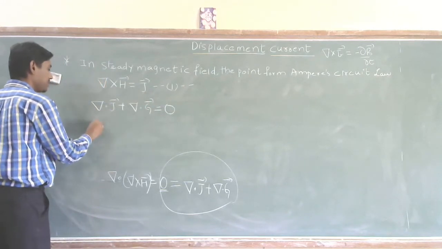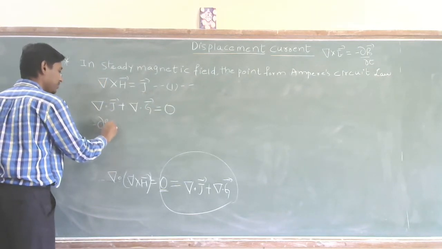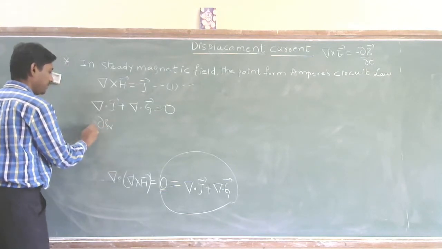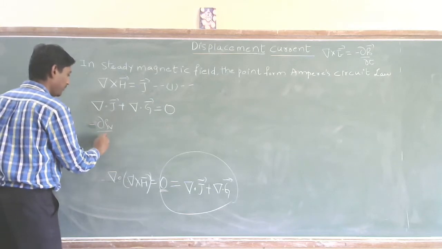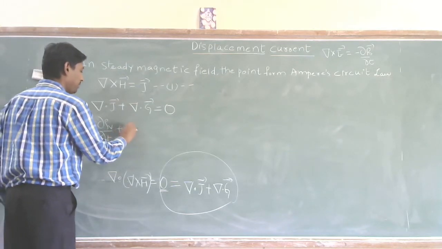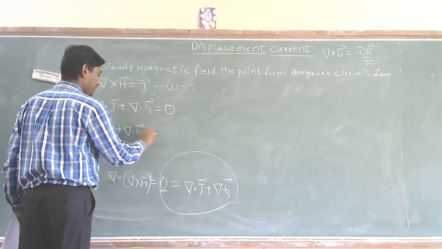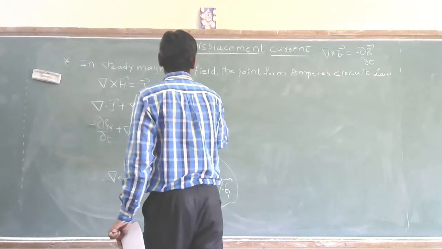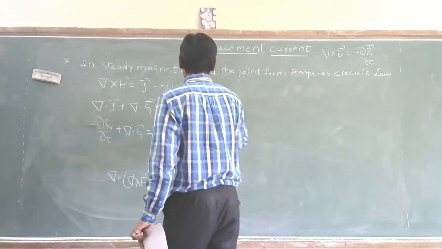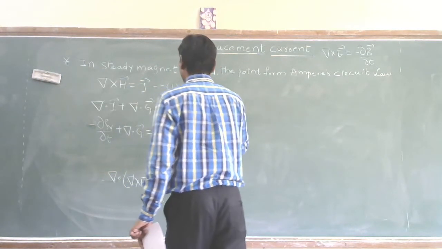I know what del dot J is, which is minus dou rho V by dou t, plus del dot G is equal to 0, which implies that del dot G is equal to dou rho V by dou t.